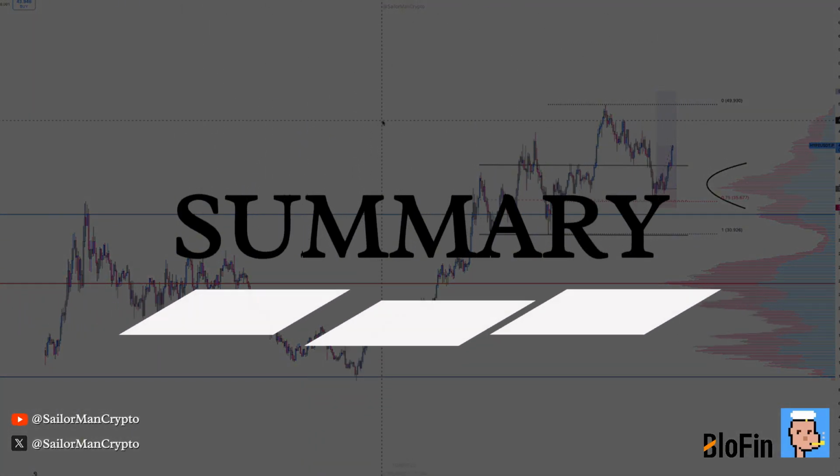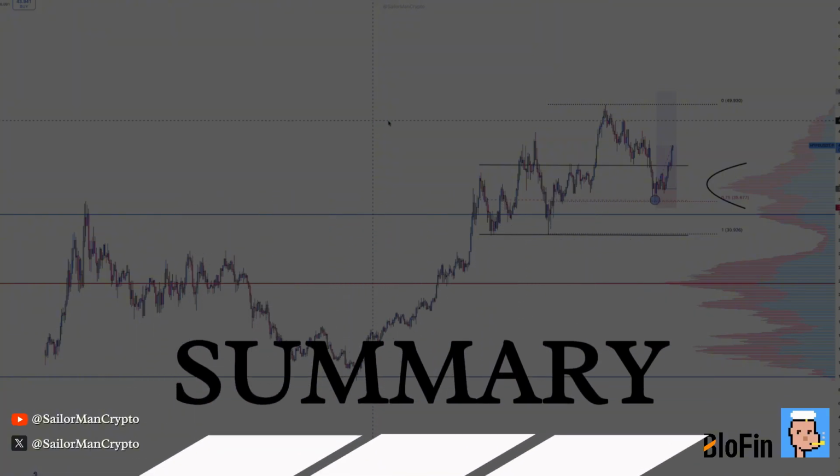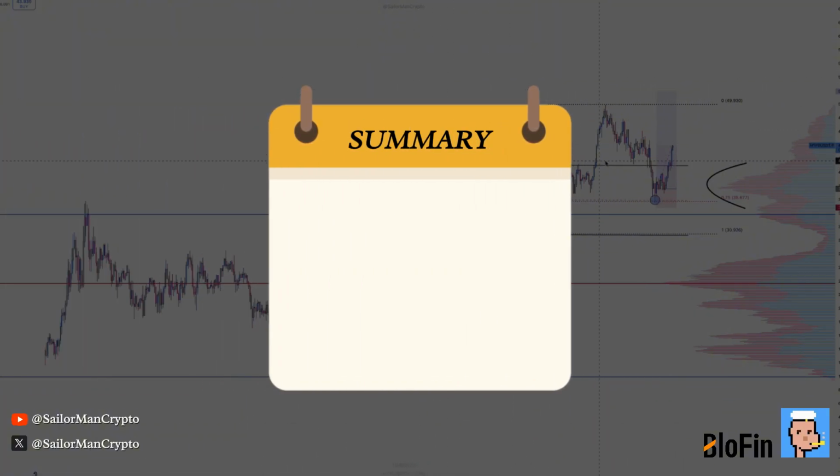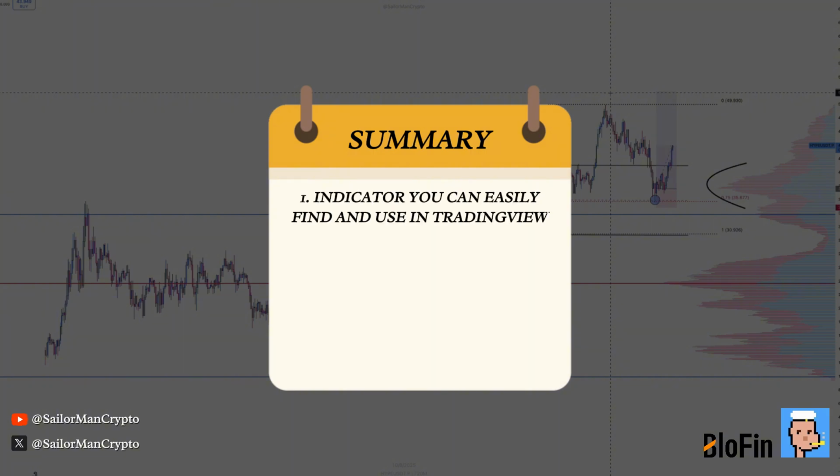Just to sum up and to close the video with a summary: the visible volume profile is an indicator that you can find on any trading platform, but especially in TradingView. I showed you at the beginning of the video my specific settings.